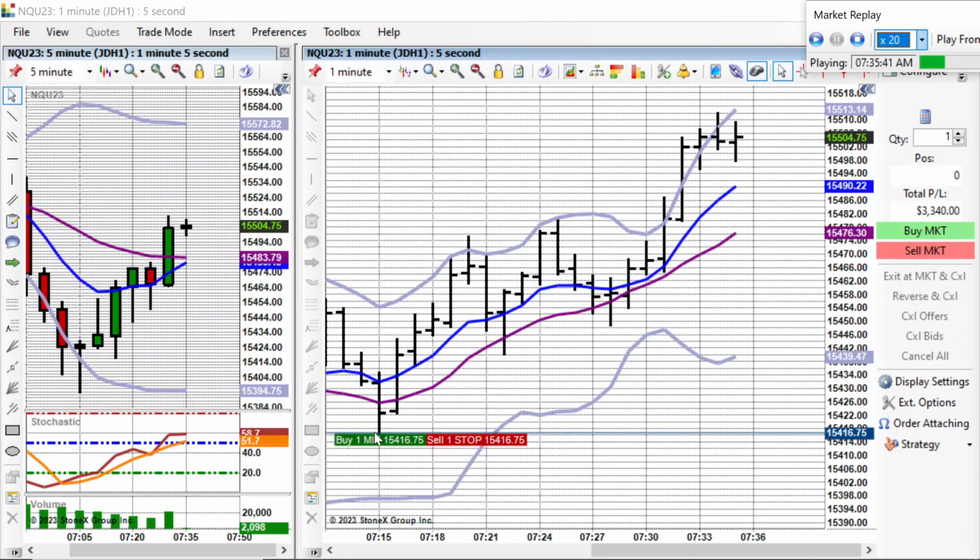But another thing I'm looking at here is the distance. Let's say if we start on the left side of this 1 minute chart where my cursor is, that's the number 1 point, that's the number 2 point in an action swing.